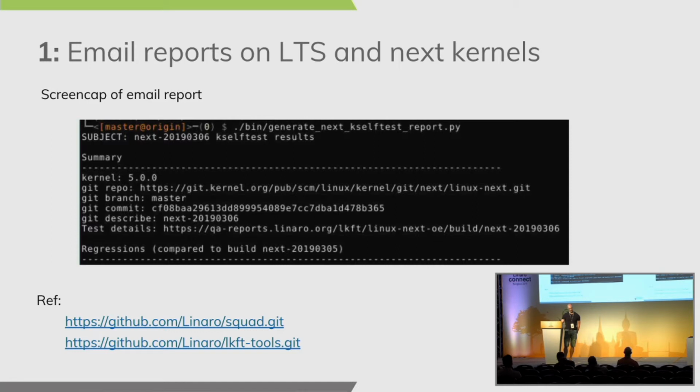You can see the summary with kernel versions, where we downloaded it from and which branch, and so forth. And then what I cut out was the regressions, if there are any, and failures and fixes as well.